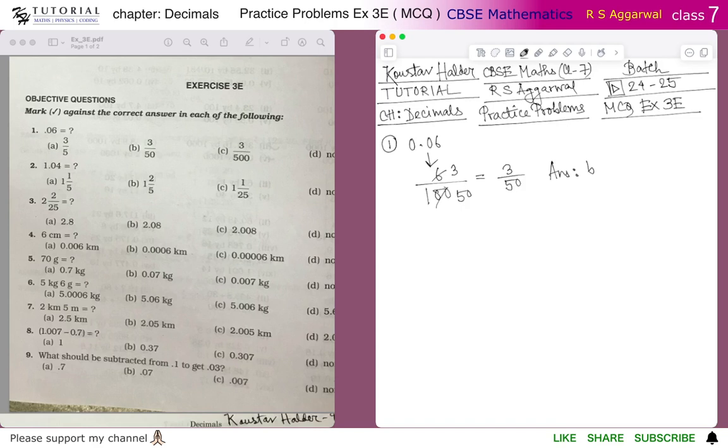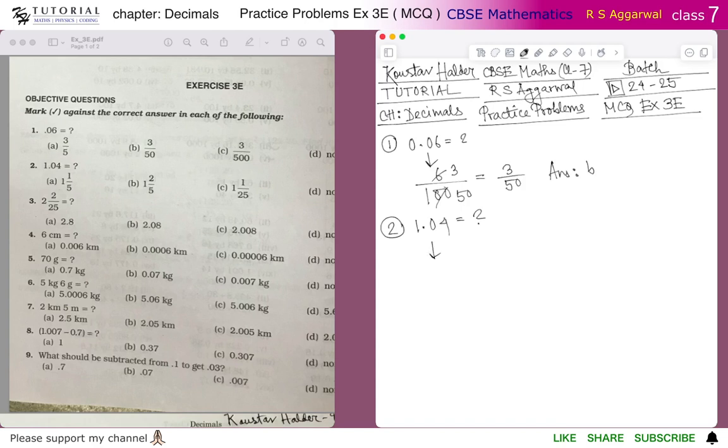Okay, let's do problem number 2. Again, it's a problem of converting a decimal number to a fraction, but the choices are given as a mixed fraction. So definitely, when you convert this decimal to a fraction, it will be an improper fraction.